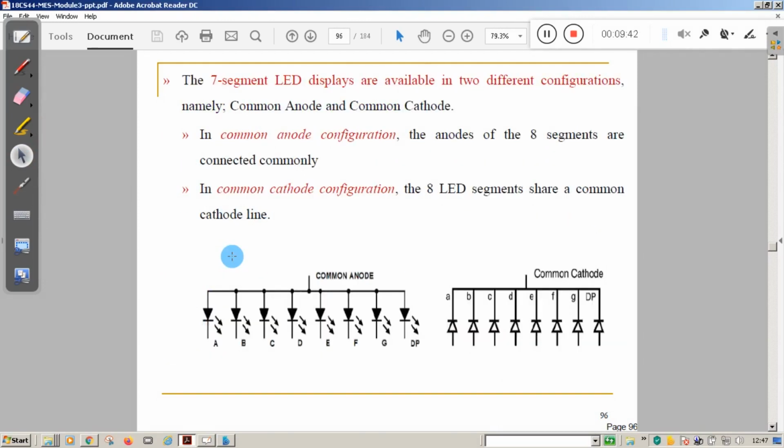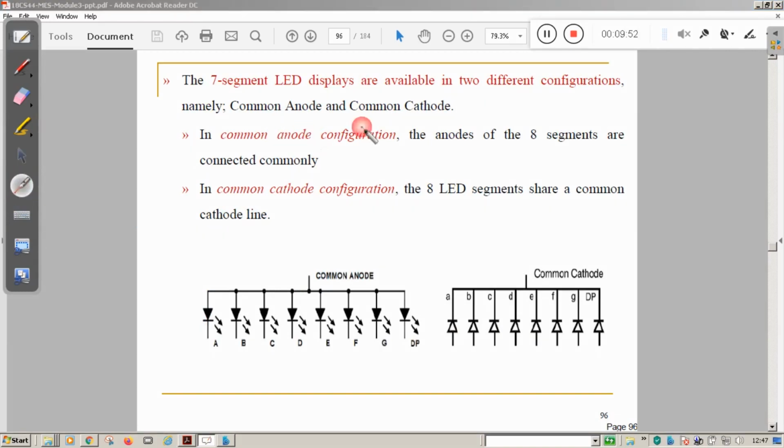In the 7-segment display, there are 2 different configurations. One is called the common anode configuration, the other is called the common cathode configuration. In the common anode configuration, all the anodes of the 8 LEDs are connected to a common anode at VCC.